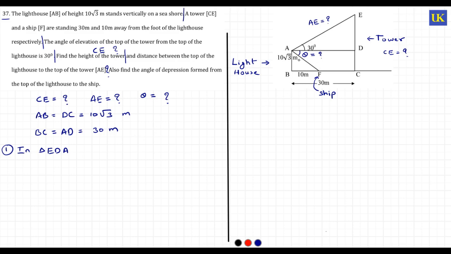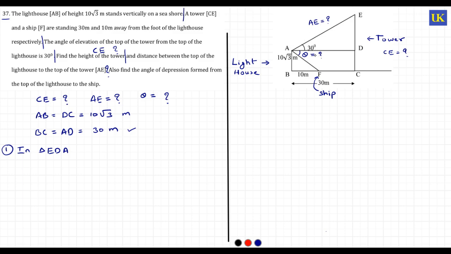We know the bottom, AD, which is 30 meters. Using this one side we can find AE, because we have to find AE.